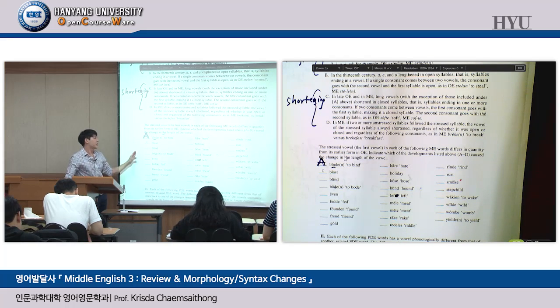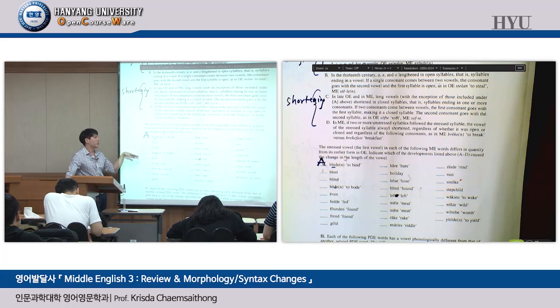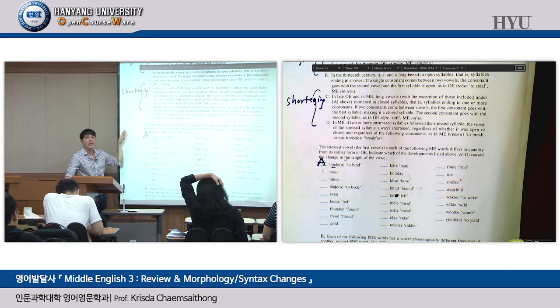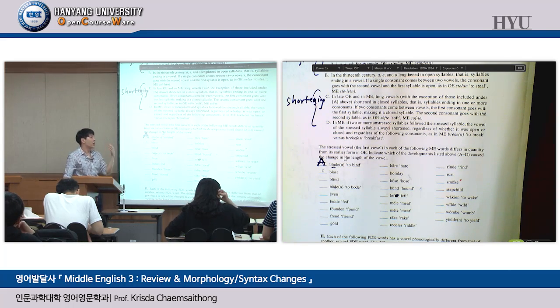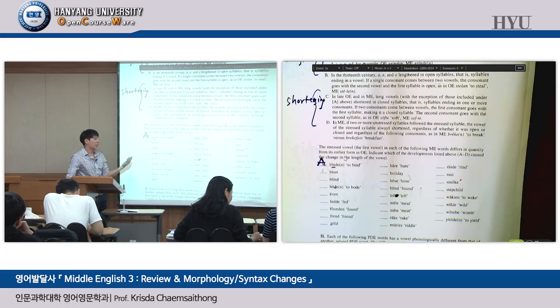So these are, I guess, after the lengthening and the shortening took effect already. So these are Middle English words, right? So the vowels that you see here already underwent the lengthening and shortening already, right?